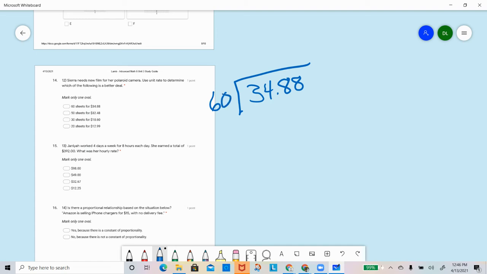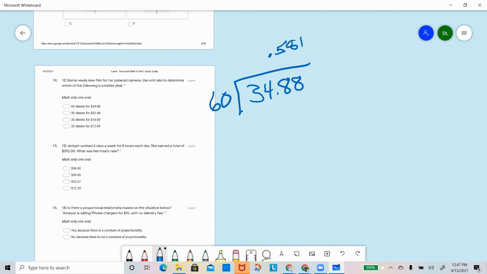So I divide that by 60 and I get, don't know if I like that answer, so I'm going to check it again, which is always good to do with your calculator. And now I messed up that time. Sorry about that. Okay, so we got 0.581. But now we don't know yet.